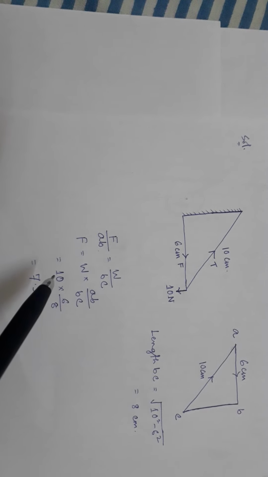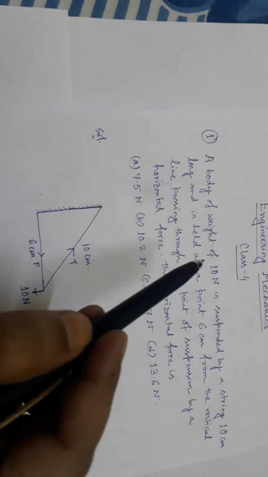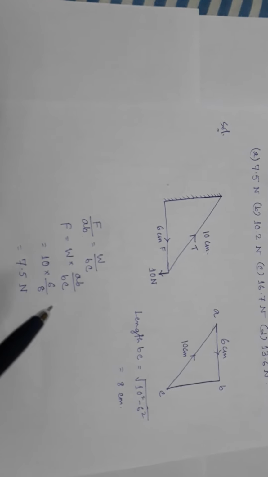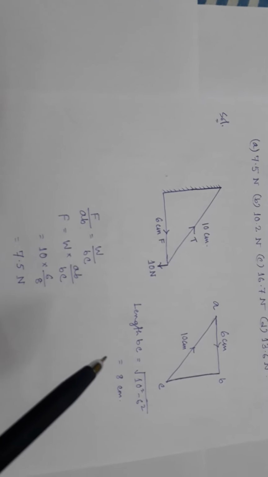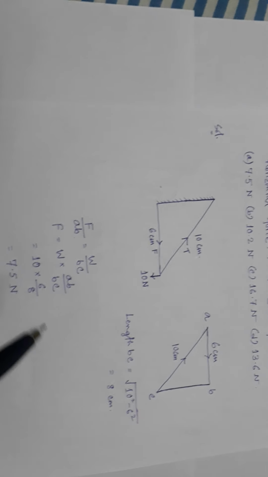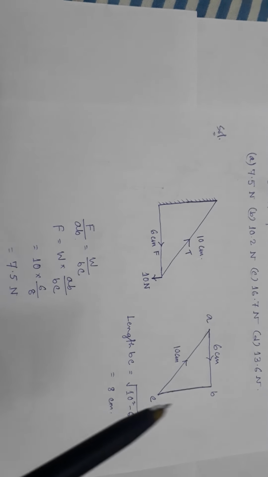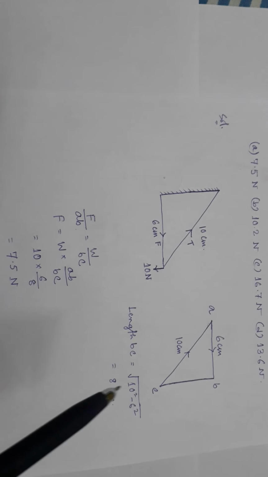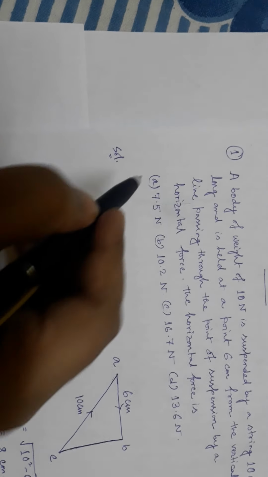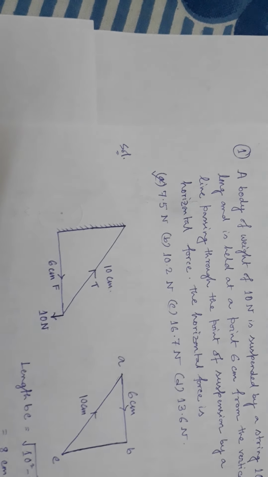The value of W is 10 Newton, the value of AB is 6, and the value of BC is 8 centimeter. So F is 7.5 Newton. So the answer is 7.5 Newton.